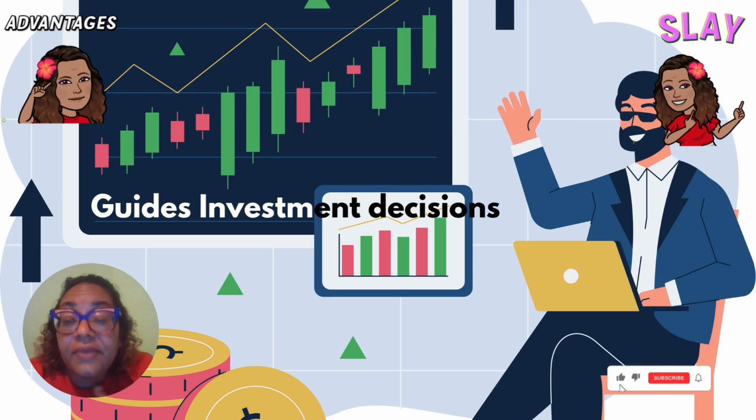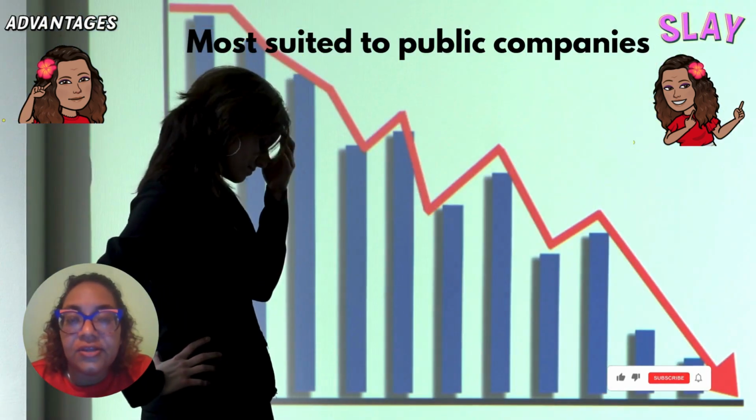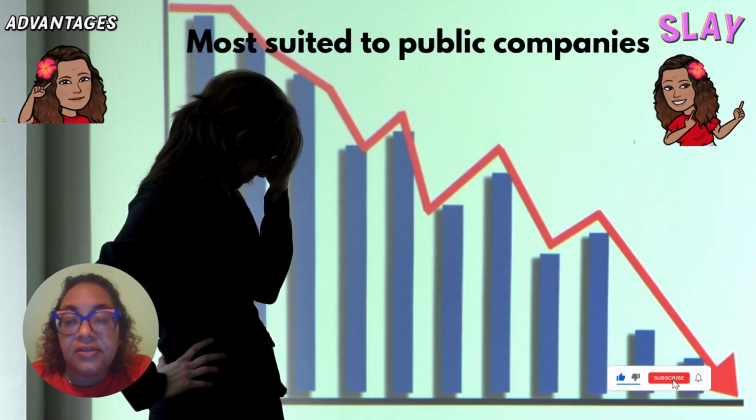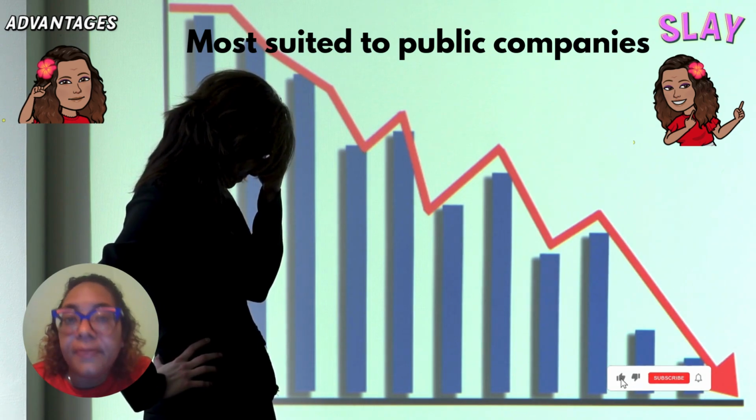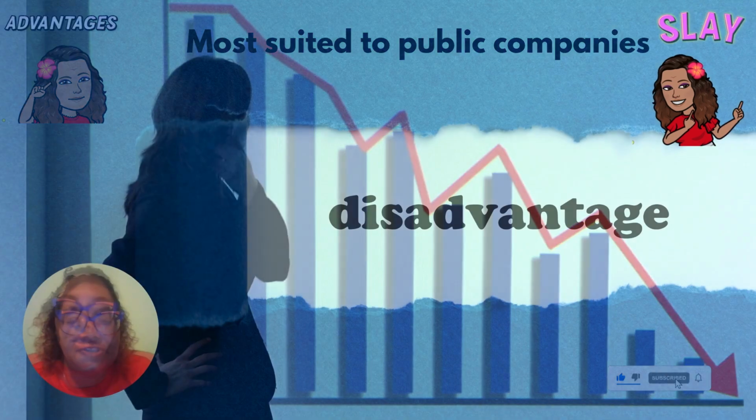An investor may look at the price earnings ratio to decide if it's worth buying these stocks of the company because of its earning power. Additionally, this method is most suited for companies whose stocks are publicly traded on the stock exchange.